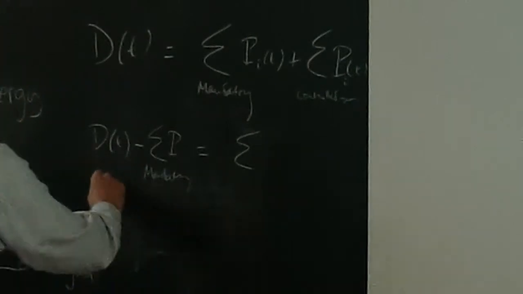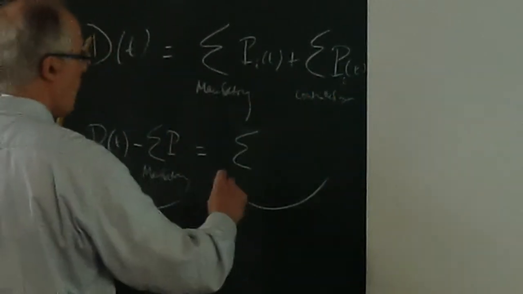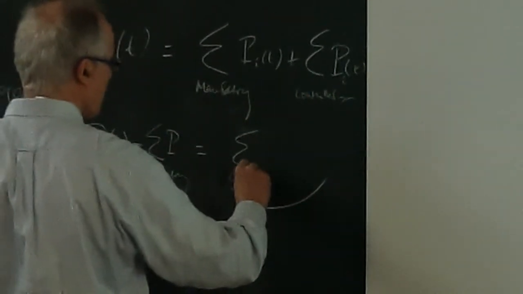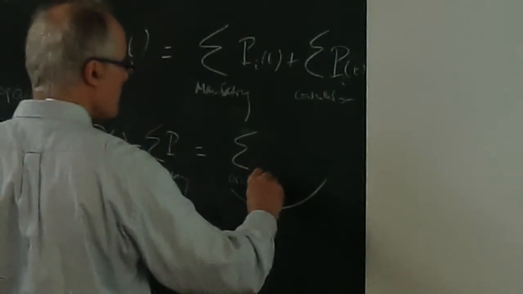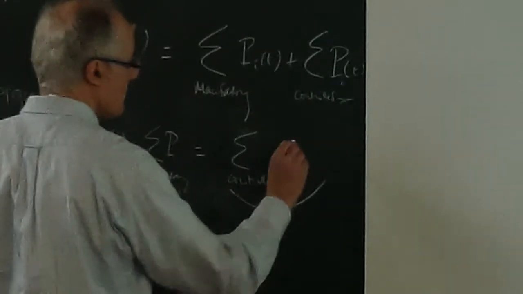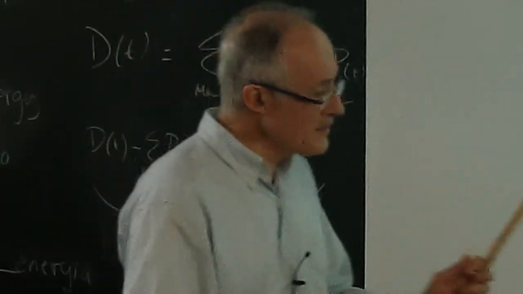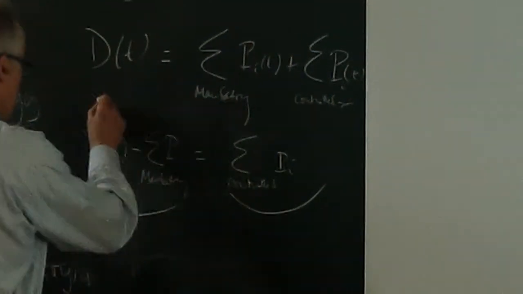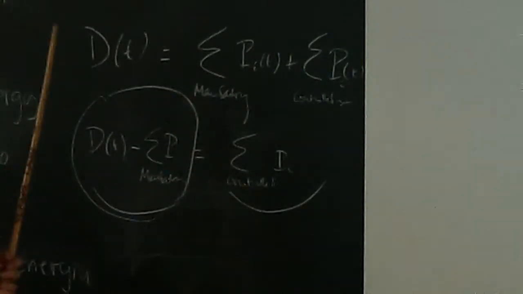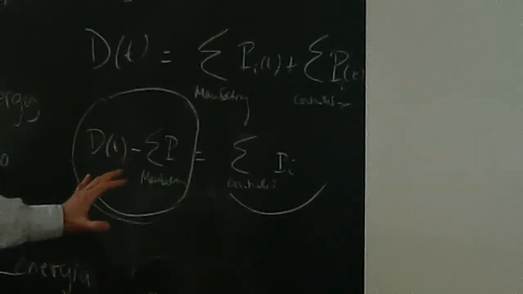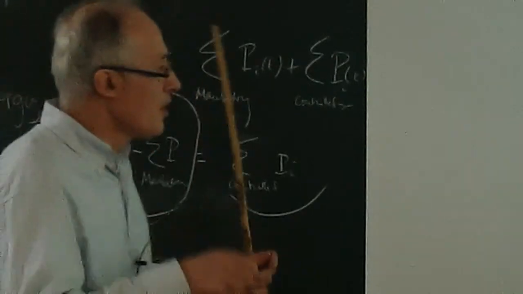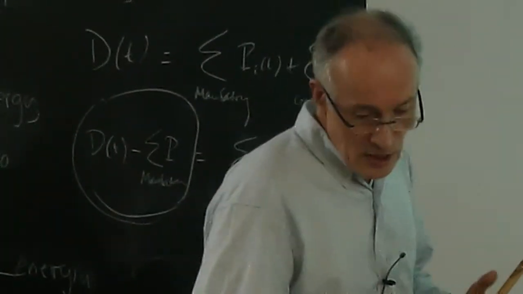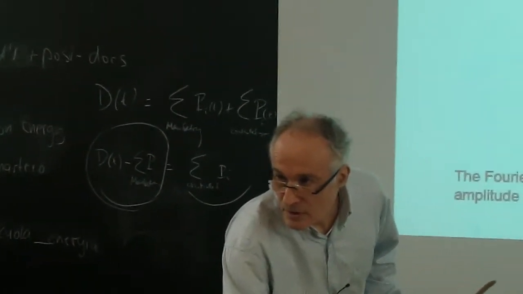And these fluctuations here must be compensated for by the variations of the controlled sources. Okay? And we do a Fourier transform of this thing here to make a spectral analysis. This is a standard procedure in physics.